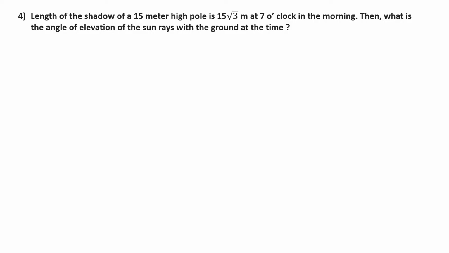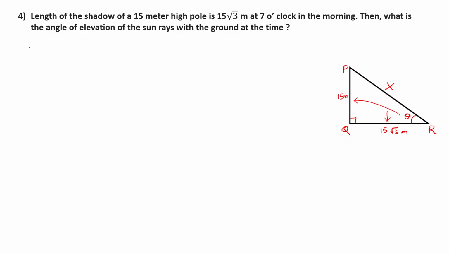Now we'll take an imaginary right angle triangle where PQ is representing the pole standing perpendicular to the ground level, and QR is the length of the shadow. It is given as 15 root 3 meters, and the height of the pole is given as 15 meters. Here we need to find the theta value. With respect to theta, the given height becomes the opposite side and the given length of the shadow becomes the adjacent side. Here we need not find the hypotenuse.